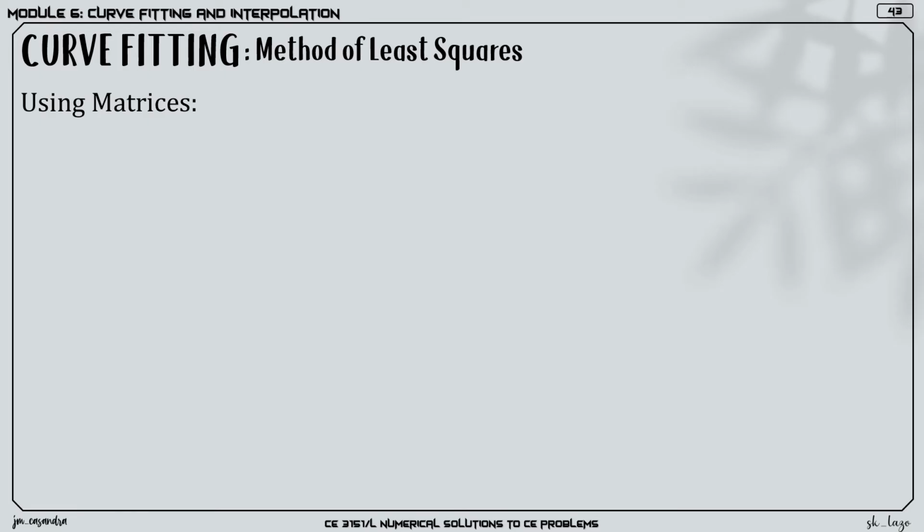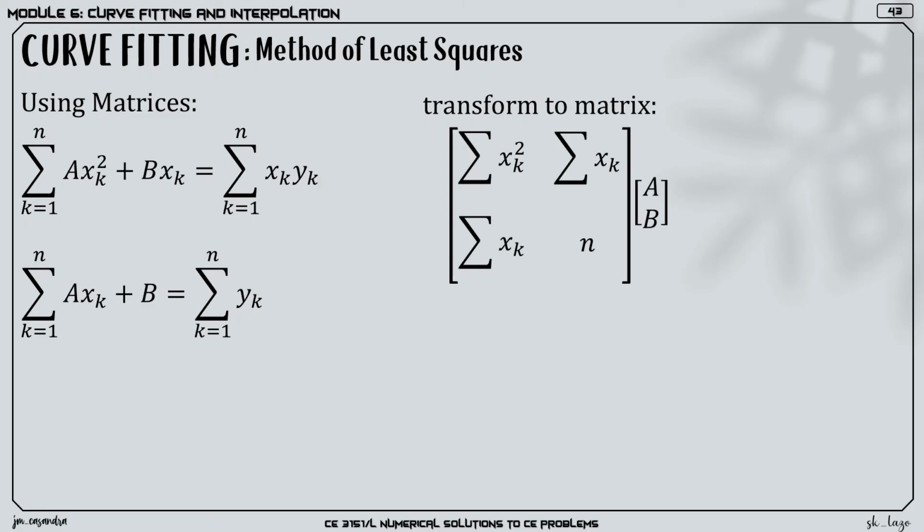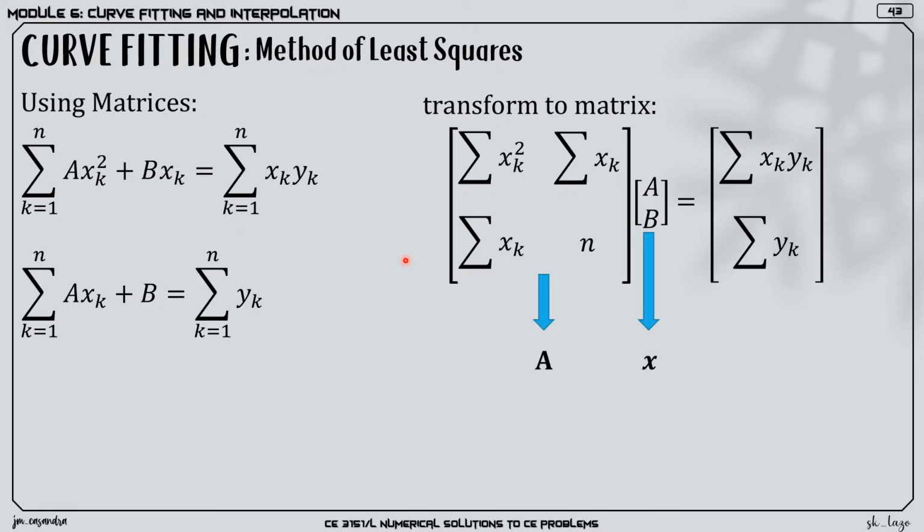From the two equations that we derived from the previous slide, we transform them into a matrix form with unknowns a and b, arriving at a 2 by 2 matrix equation. We denote the first matrix as A, the second matrix as X, and the last matrix as B. So this can be written as AX equal to B. To solve for the unknown X, or the vertical matrix of a and b, we arrive at the equation X is equal to the inverse of A multiplied by B.